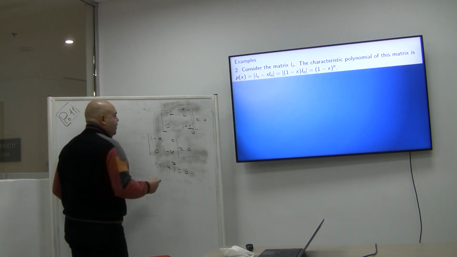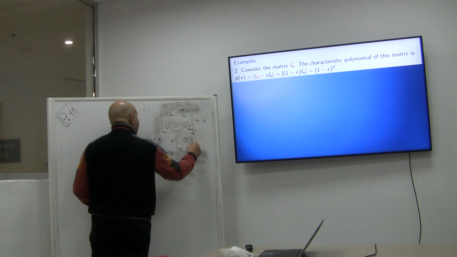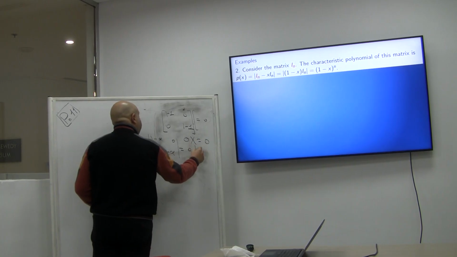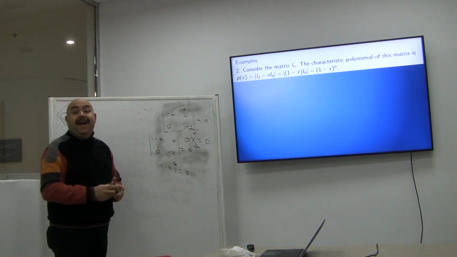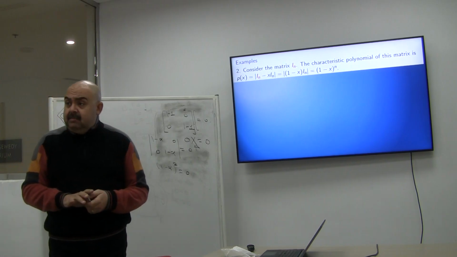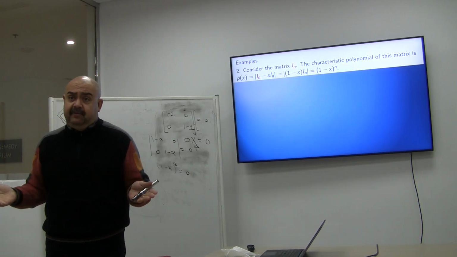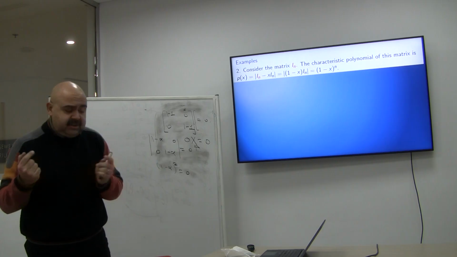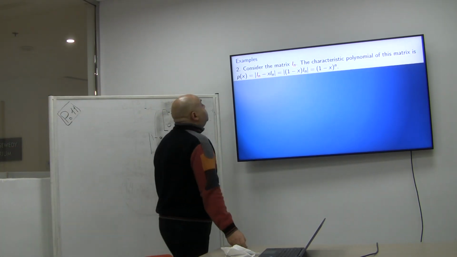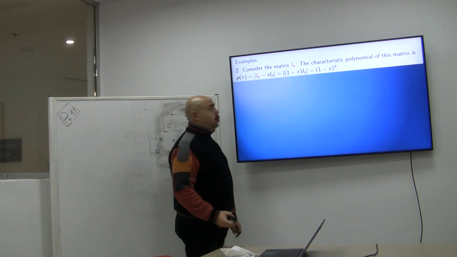So you will end up having 0 times x equals 0, which means that an eigenvector for the identity matrix can be any column vector of the same dimension. This is what the statement is trying to show you.